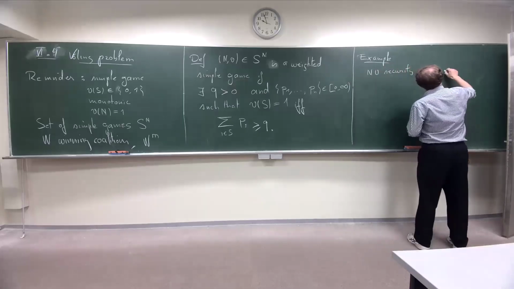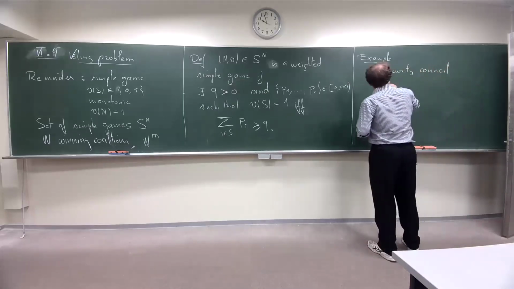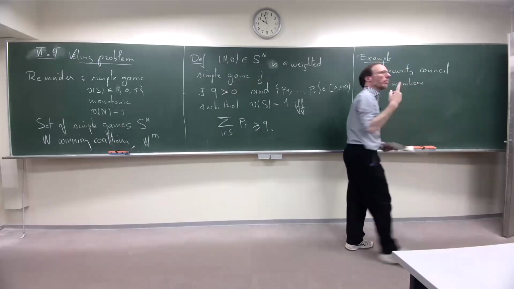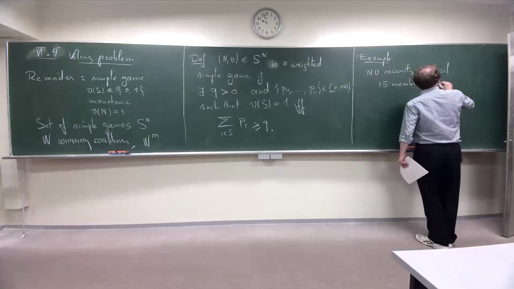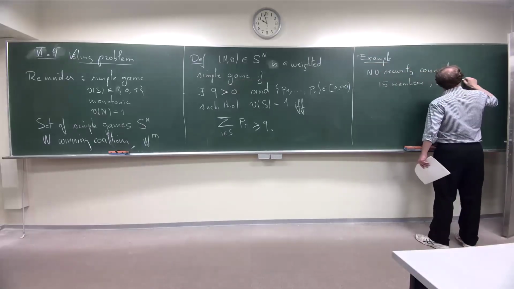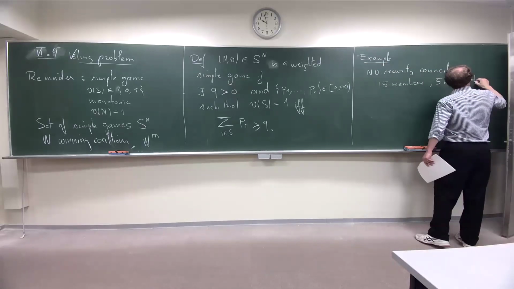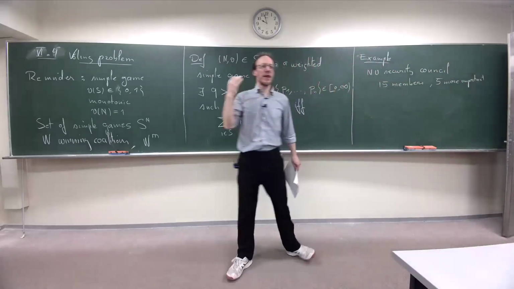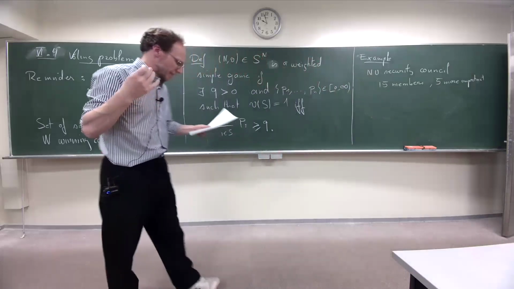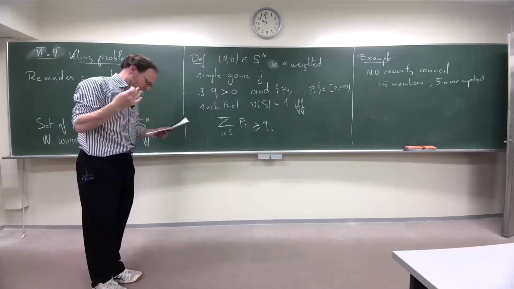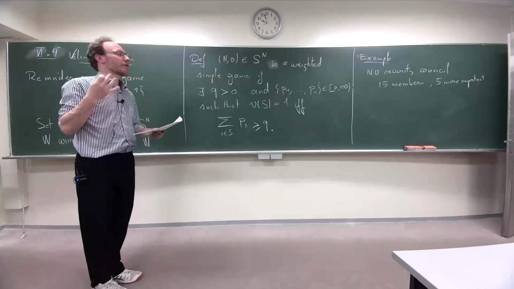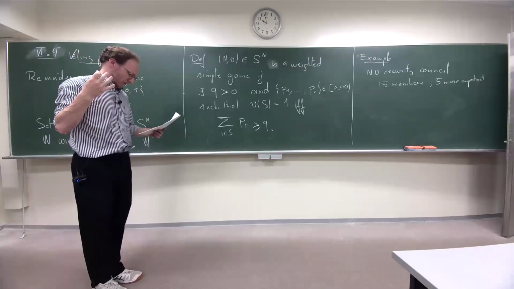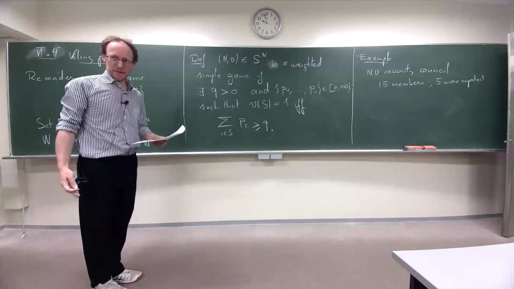So probably you know that it has 15 members, but 5 are more important. Because when they vote about something, these 5 have to say yes, and it's necessary that 4 or 5 others also say yes.